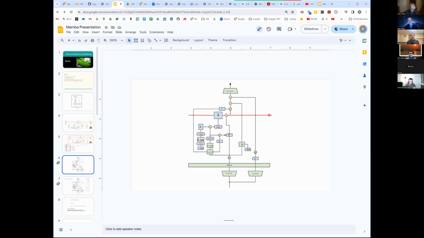B bar is kind of interesting in that you generate this delta through this DT projection, and then you do an operation between that and B and generate another one.